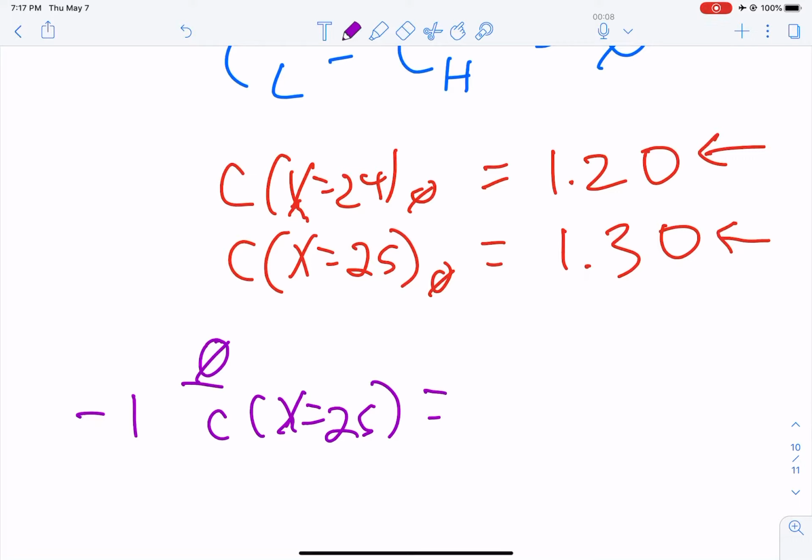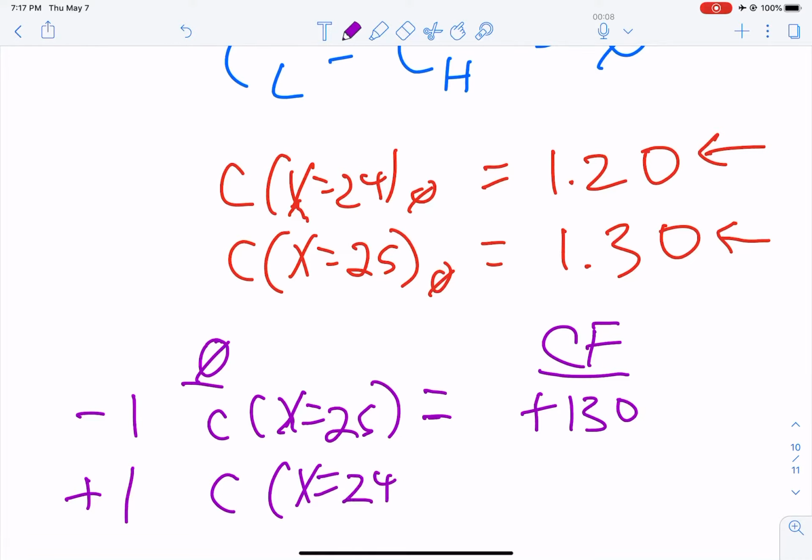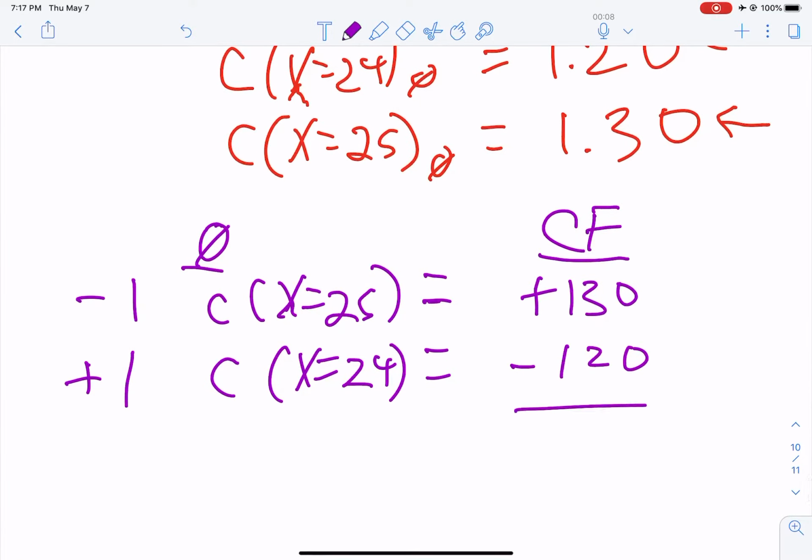The cash flow that we get for the whole contract is $130 positive, an inflow of $130. Then at the same time, we'll buy the call with a strike price of 24, and that's going to cost us $1.20. Therefore the net cash flow upon initiation of this position is an inflow of $10.